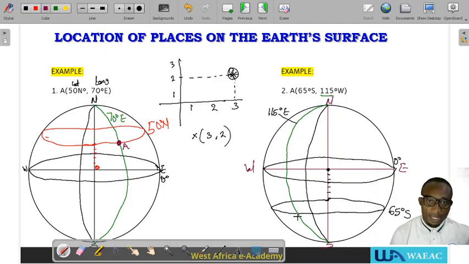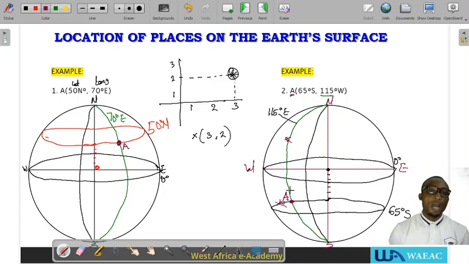So where they intersect is at the point, that is our point A, where this longitude intersects with this latitude.